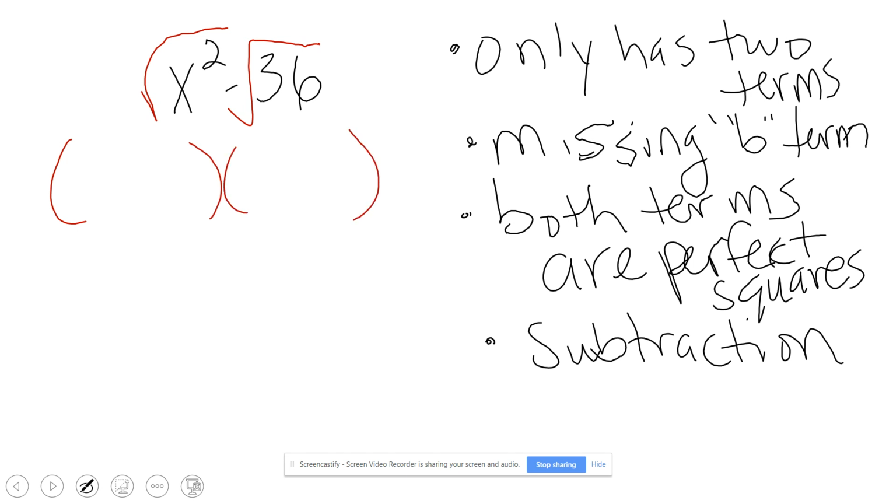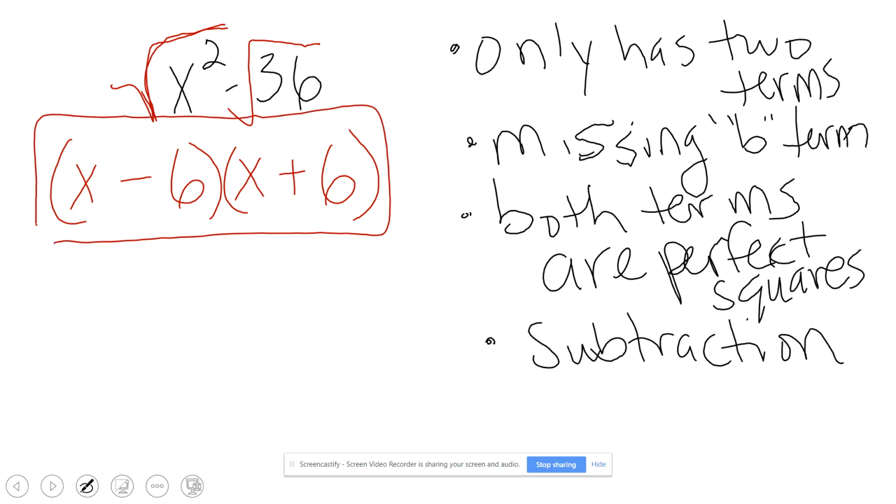And I make two sets of parentheses. So the square root of x squared is x. We write x in either set of parentheses. The square root of 36 is 6. One's plus, one's minus. And that is our factor.